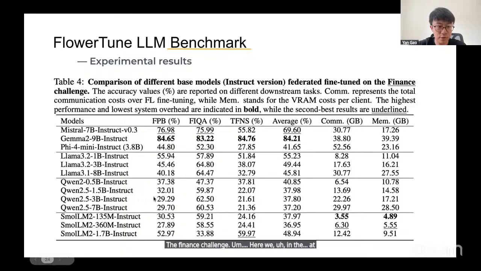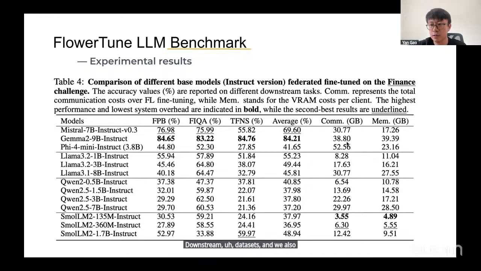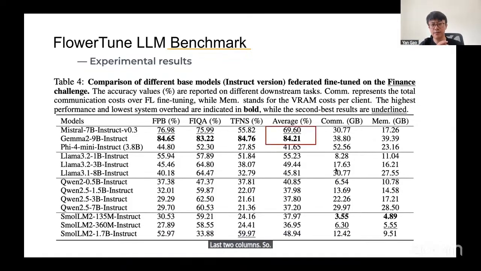The different rows show the different base models, and the columns show the accuracy on different downstream datasets, as well as the communication cost and the memory cost in the last two columns. There are some highlights here. First, the first two models, which are the largest, have the highest accuracy as expected. But on the other hand, the communication cost and memory cost are also high.